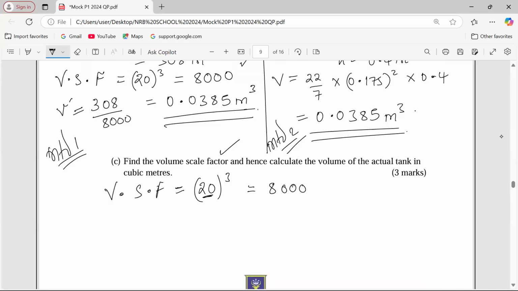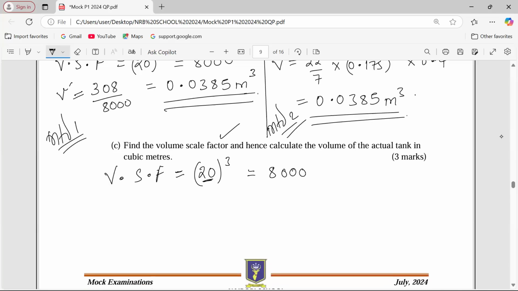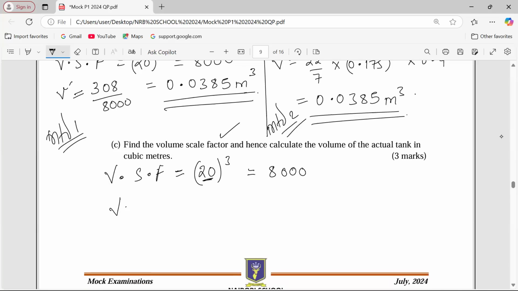So the volume of the smaller is here. We need to say the volume of the bigger is when we take the volume of the model and multiply by the volume scale factor. So 0.0385, we multiply by 8,000.